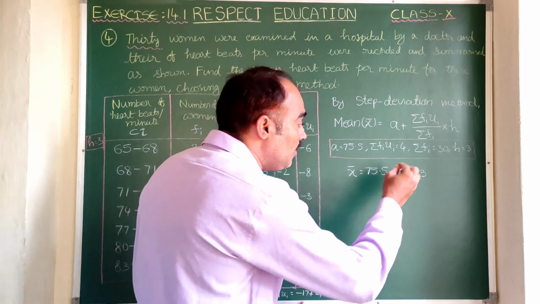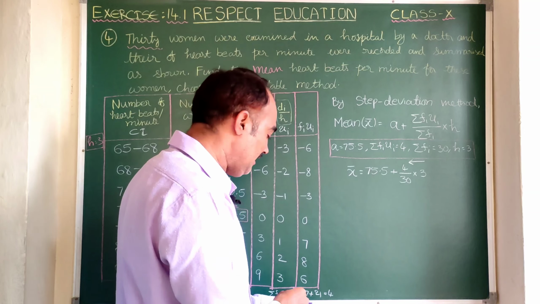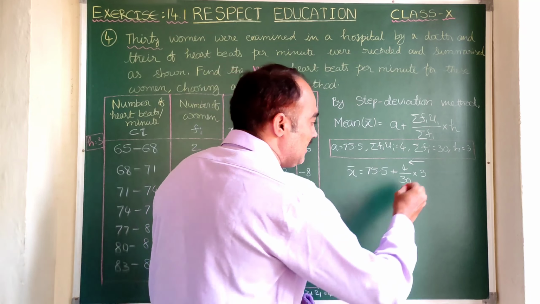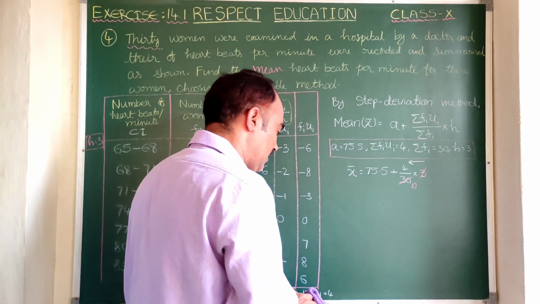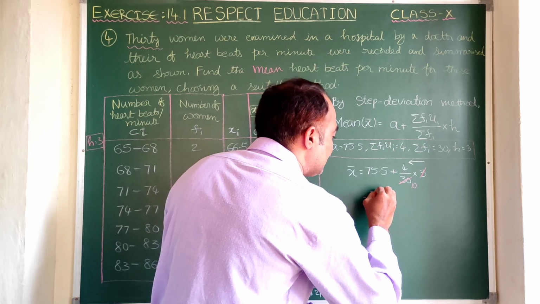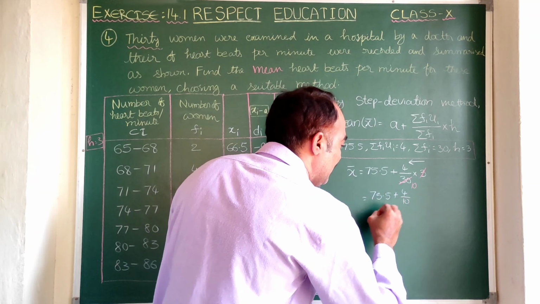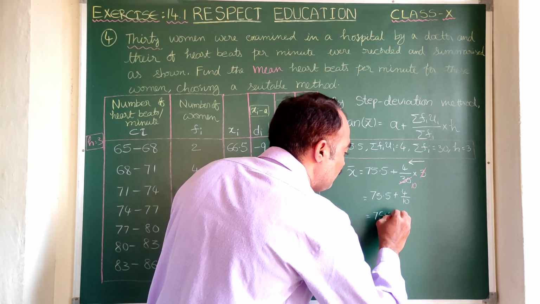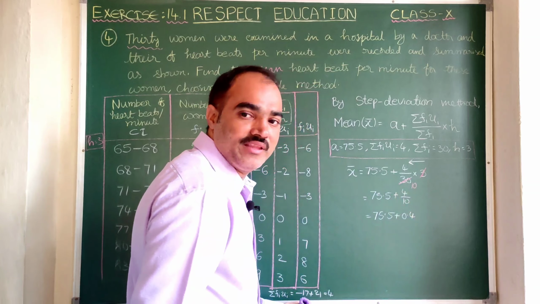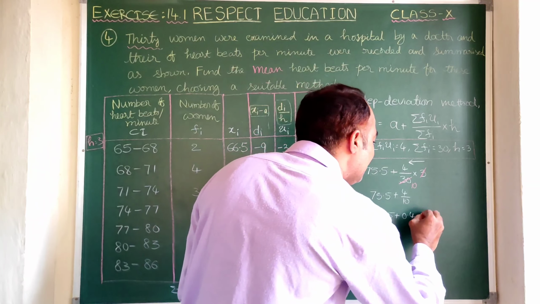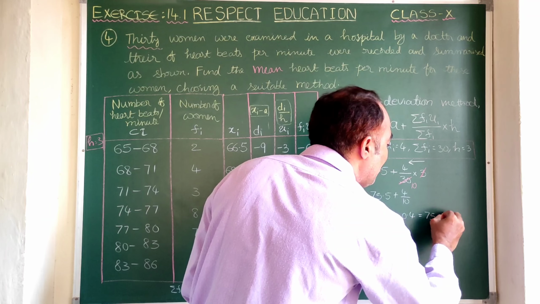As I have told you, we can solve from right side to left side. So here let us cancel 30 and 3, 10 times. Now this is 75.5 plus 4 by 10. 4 by 10 is 0.4. On adding, 75.5 plus 0.4 is 75.9.